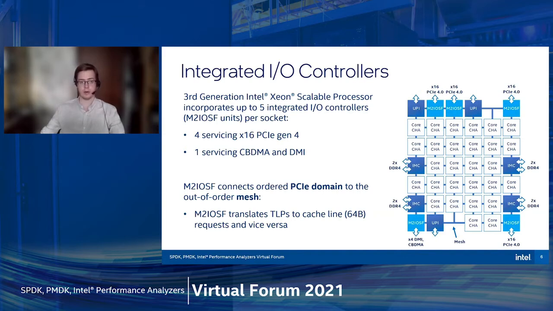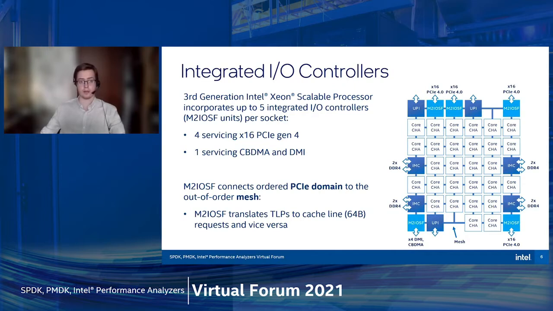In the third generation of Intel Xeon Scalable processor, there are up to 5 integrated I/O controllers per socket. 4 of these controllers serve as 16 lanes of PCIe Gen 4, and 1 manages CBDMA accelerator, which is the integrated accelerator for offloading memcopy in simple terms, and DMI interface that connects the processor to the platform controller hub.